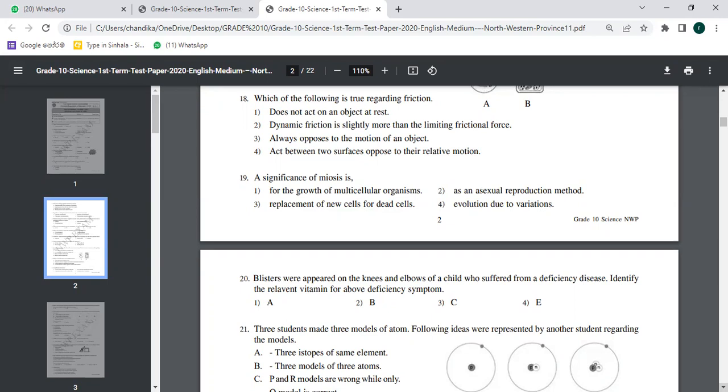Second one, dynamic friction is slightly more than the limiting frictional force. That is wrong. The second one is completely wrong. Limiting friction is the highest, I told you. Third one, always opposes the motion of an object.